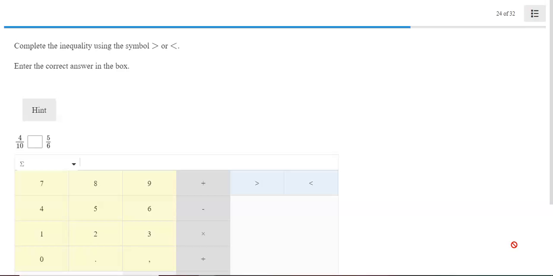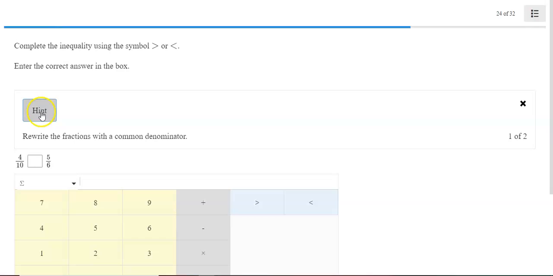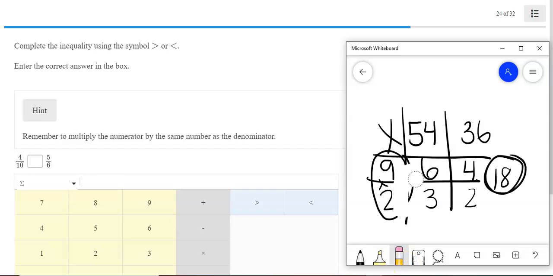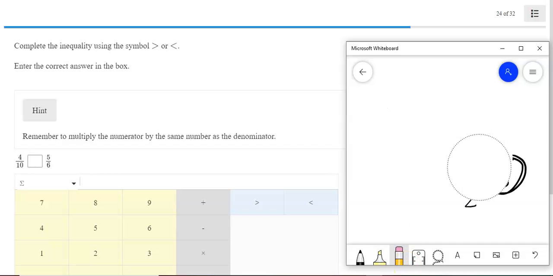Okay, now what we're going to do is get common denominators and figure out if these are going to be less than or greater than. So 4/10 and 5/6.